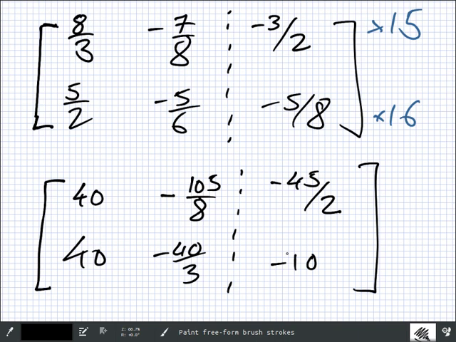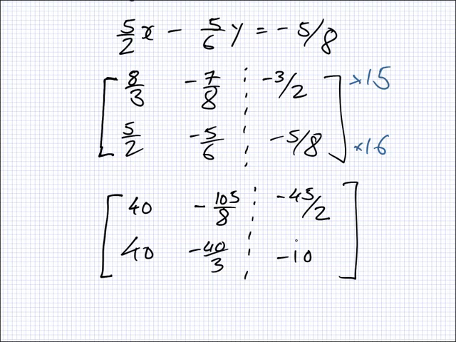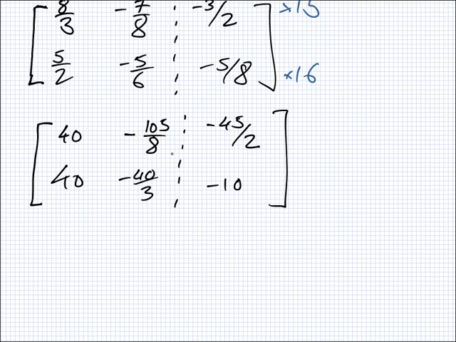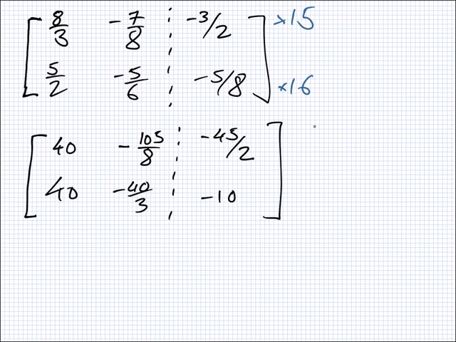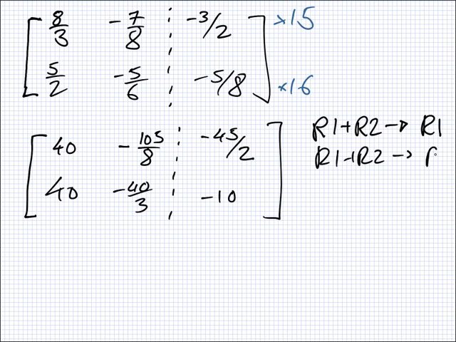Okay. So what we do now is, in this method, we are allowed to add or subtract rows and put the result on either row. So for example, you can say row 1 plus row 2 and put the answer on row 1, or row 1 plus row 2 and put the answer on row 2, or row 1 minus row 2 and put the answer on row 1, or on row 2.